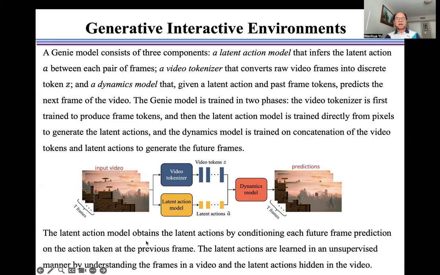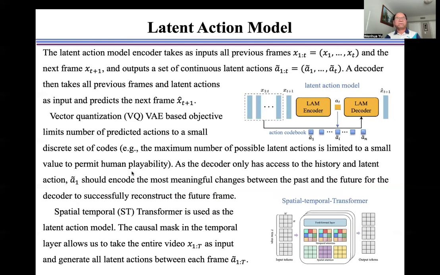The latent action model obtains the latent actions by conditioning each future frame prediction on the action taken at the previous frame. The latent actions are learned in an unsupervised manner by understanding the frames in a video and the latent actions hidden in the video.